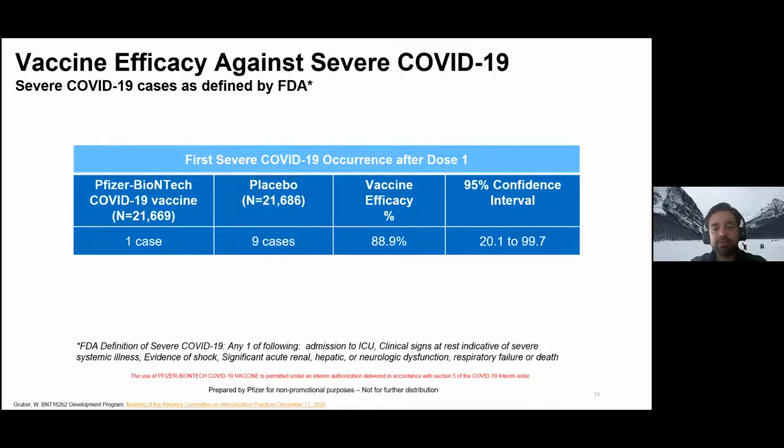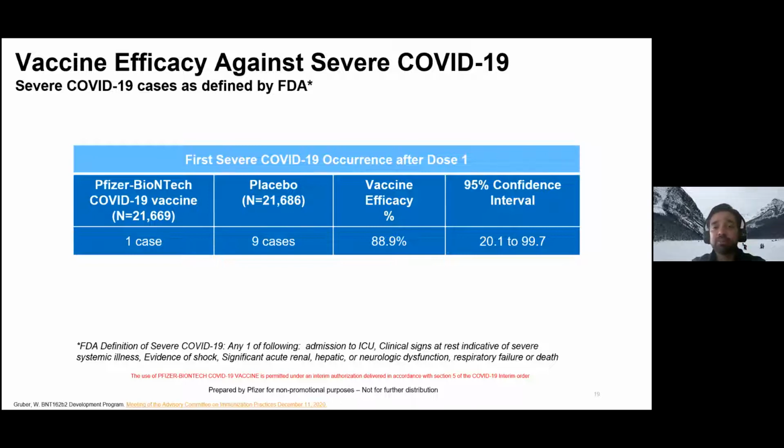The criteria, as you can see on the slide: these SARS-CoV-2 positive patients, if they exhibit any one of these severe symptoms, admission to ICU, or clinical signs that indicate some severe systemic illness like increased heart rate, and they have a threshold there, increased respiratory rate, oxygen saturation, evidence of shock, significant acute renal, hepatic, or neurological dysfunction, respiratory failure, or death.